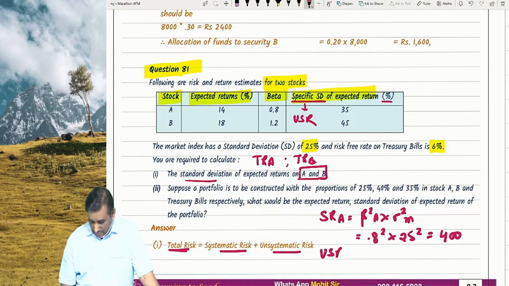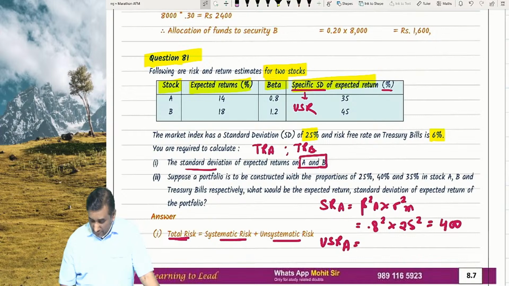The unsystematic risk of A would be equal to 35% given, so 35 square, which is 1,225.